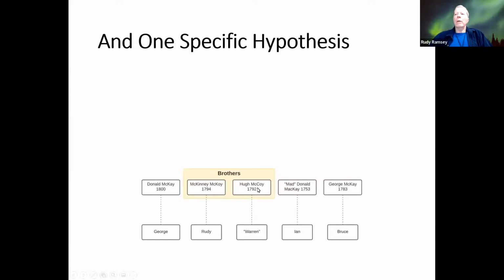This one arose out of my belief and Warren's belief that our earliest documented ancestors, my McKinney and his Hugh, were probably brothers. They had similar migration paths, locations, family naming conventions, lots of reasons to think that they were closely related, and brothers seemed tenable. So we had the general goal and we had one specific hypothesis.